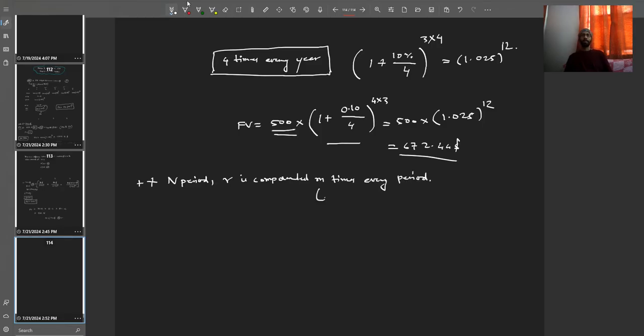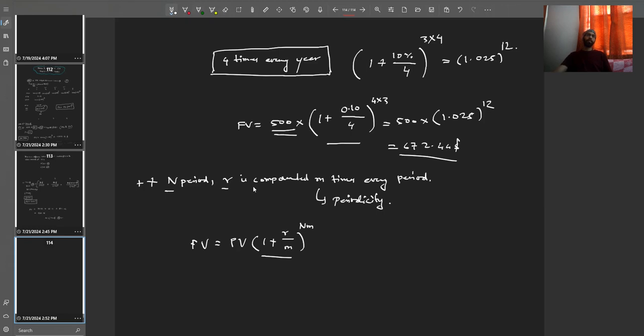This m here is called periodicity, right? So in this kind of a scenario, m is the periodicity, n is the number of periods, R is the compounding rate. FV here will be calculated as FV is equal to PV multiplied by 1 plus R by the periodicity, this expression, raised to the power of n into m.